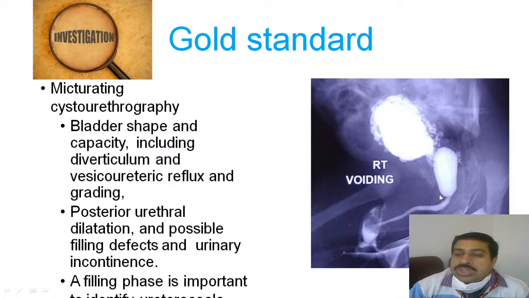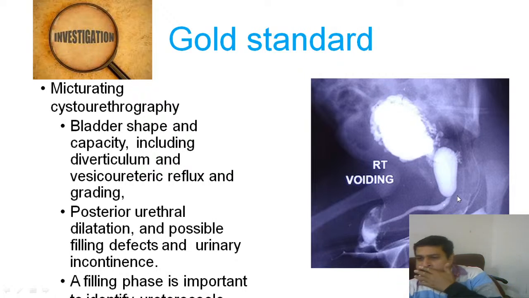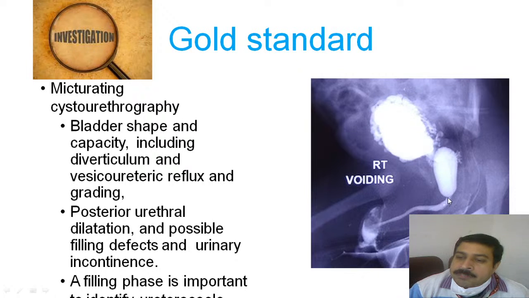This is the posterior or the prostatic urethra, dilated because of a valve here, which you can't see because it's a very thin structure, but I'm sure you can appreciate a very thin radiolucent leaflet, I would say, that is causing the bladder not to evacuate properly because of this obstruction, and in the process the prostatic urethra has dilated, and the bladder has developed multiple diverticuli.